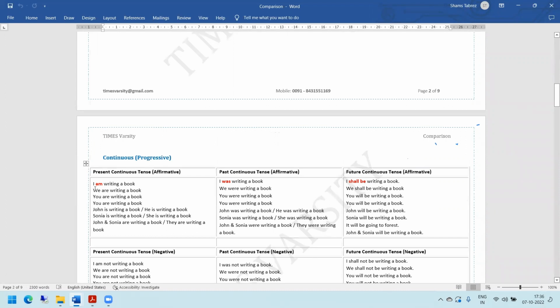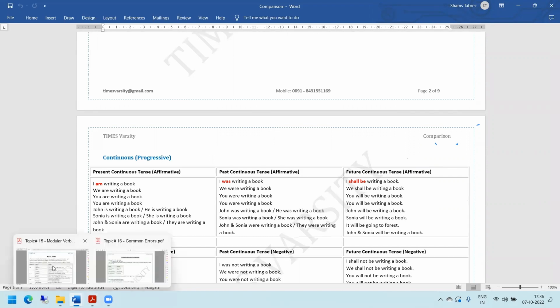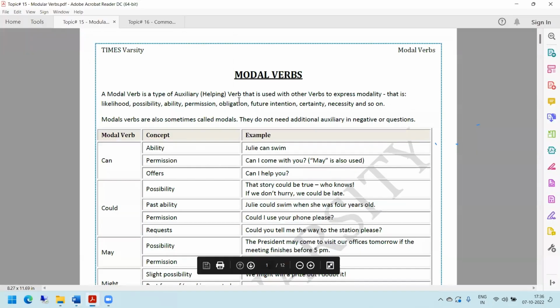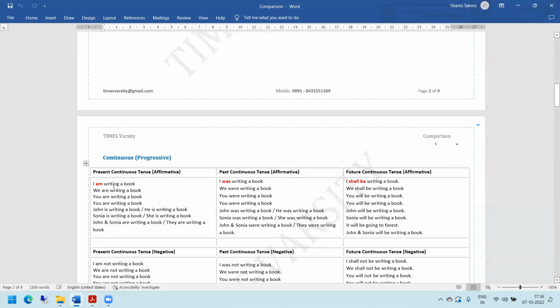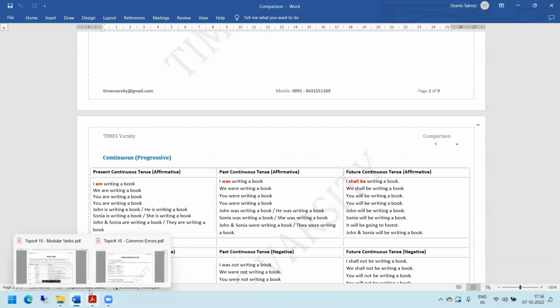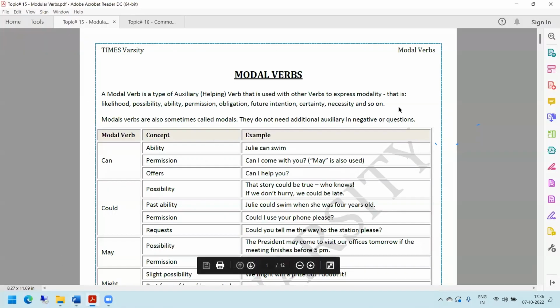These helping verbs are used with a main verb. So modal verbs are also used with a main verb. Like here in this example, helping verb with main verb. Similarly, modal verbs are used with a main verb.